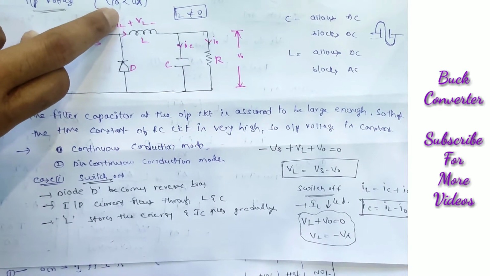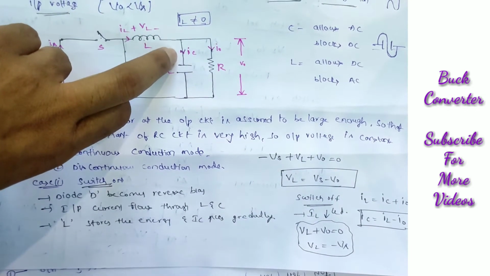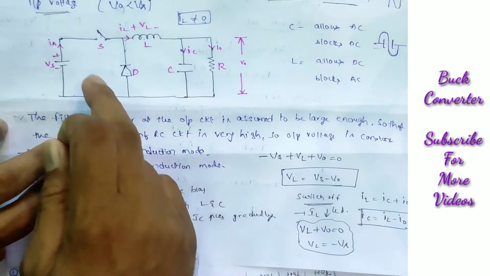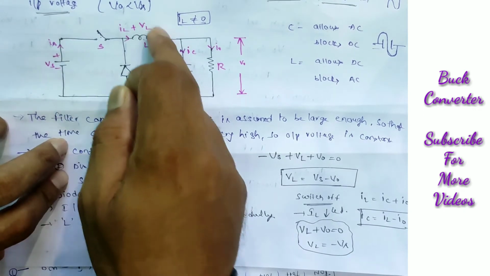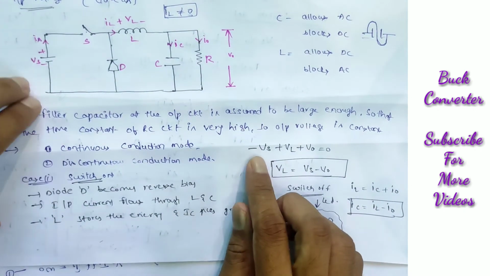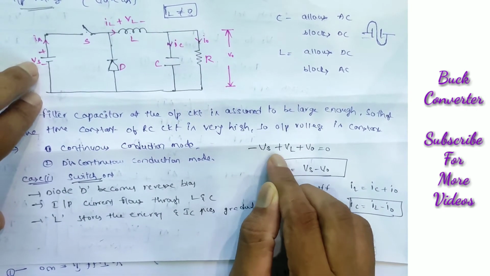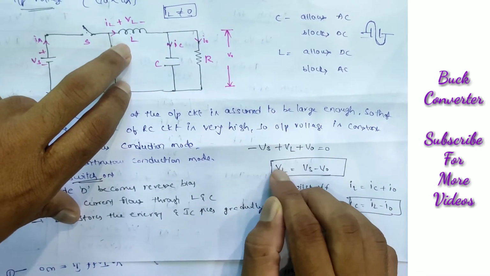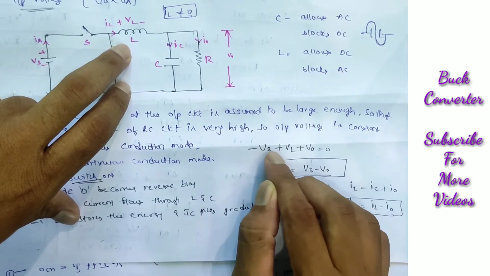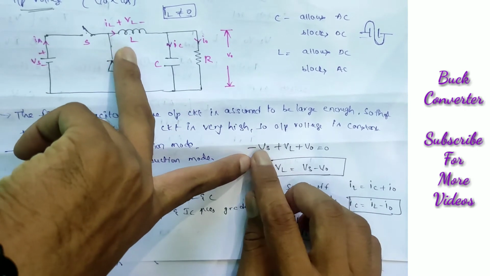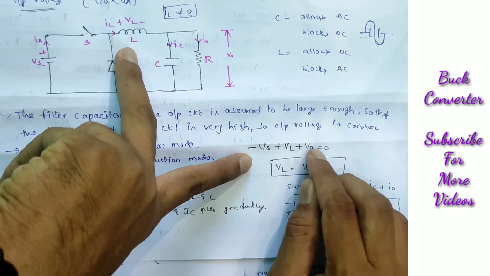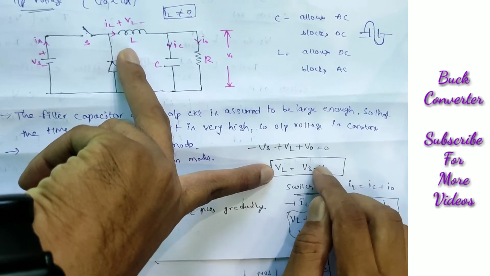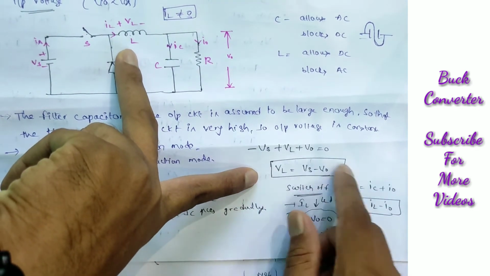Then applying mesh analysis: minus Vs plus VL plus V0 equals 0, so VL equals Vs minus V0. That's it. VL equals Vs minus V0.